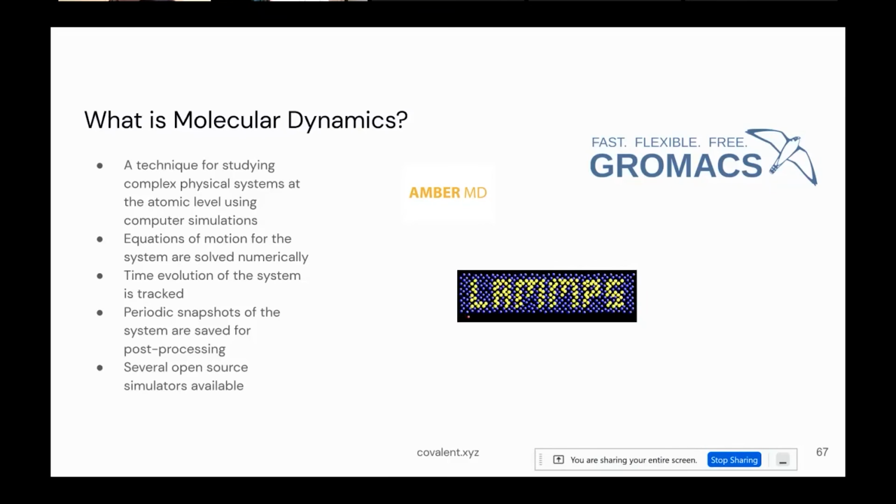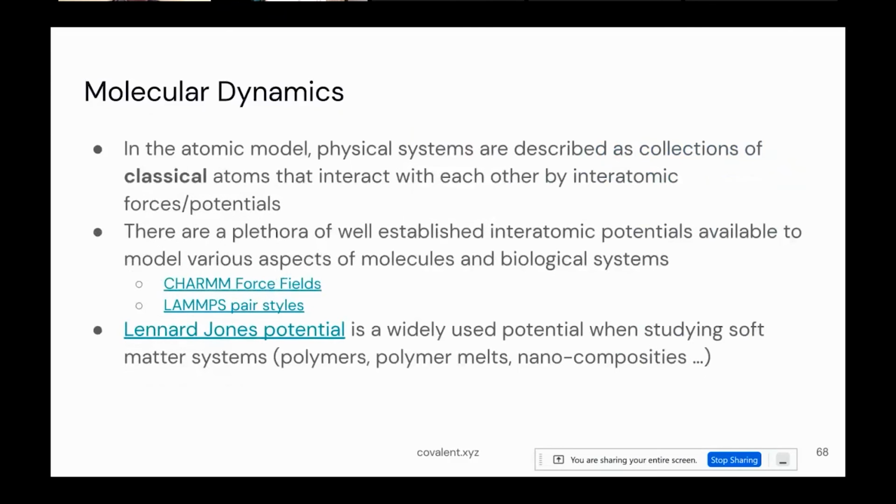These are great open source molecular dynamics simulators, and have excellent performance across machines and across simulations. As I mentioned, we're not dealing with any quantum degrees of freedom. They're treated as a collection of classical atoms that interact with each other using potentials. There's already a well-established set of open source potentials, like the CHARMM force field, which has great potentials if we want to study biological systems of water molecules, for instance.